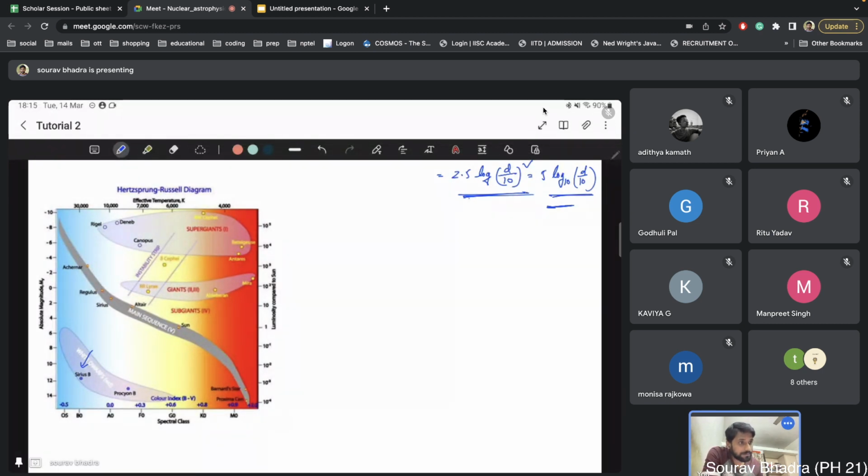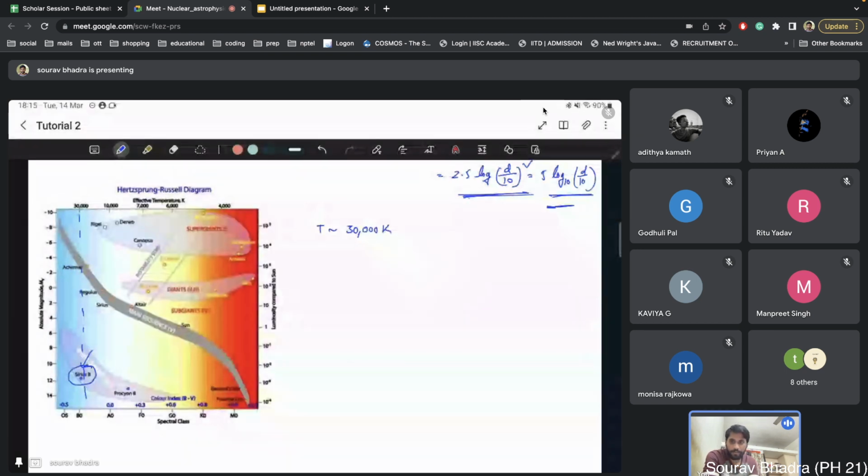Now coming to Sirius B. You can see it is a white dwarf, in the lower left part of the HR diagram. The temperature is just above 30,000 degrees, so I will take a rough estimation of 30,000 Kelvin.